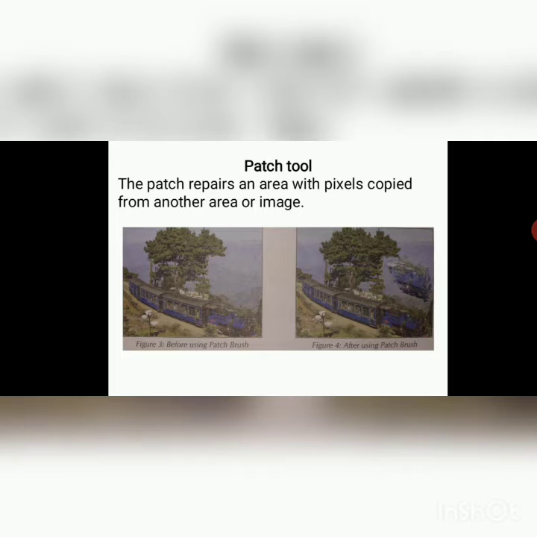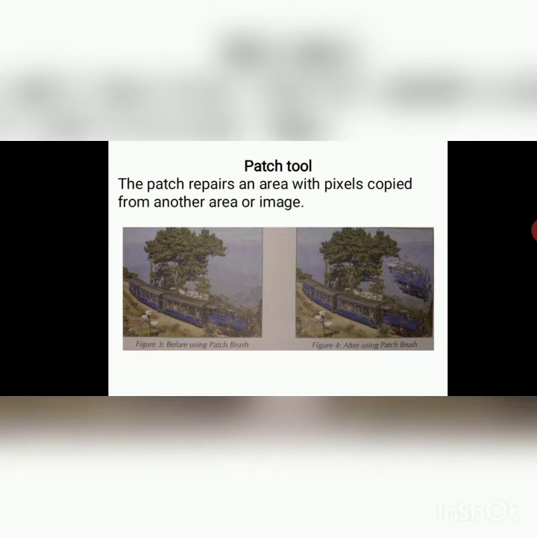Select the area with the patch tool. Drag the selected area to the patch tool. Apply. Press Ctrl D to remove the selection. Now the patch is applied on the selected area of the image. There are two pictures here, third and fourth.